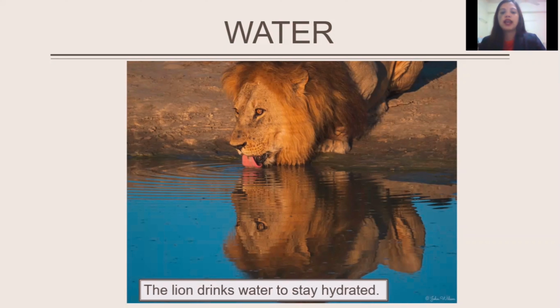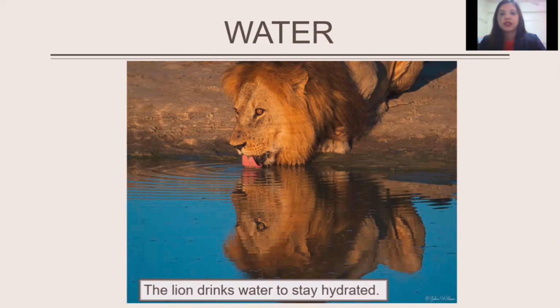The lion needs to drink in order to survive and function properly. When we talk about hydrated, it means you have enough water in your body. If you don't have enough water in your body, then your body will not function properly.